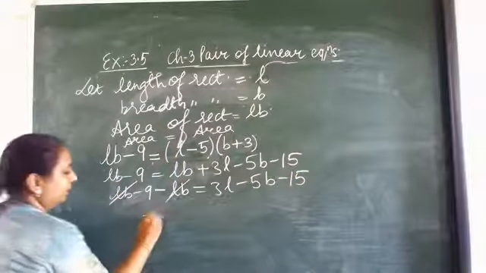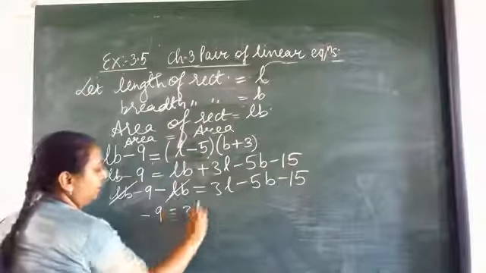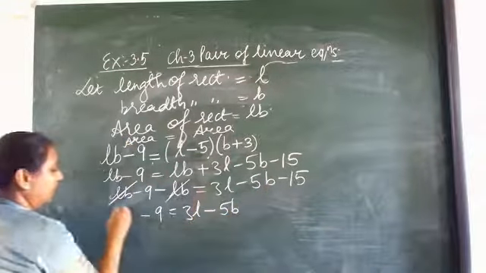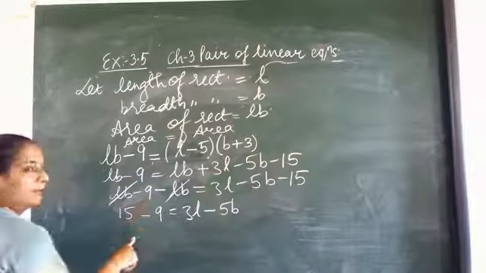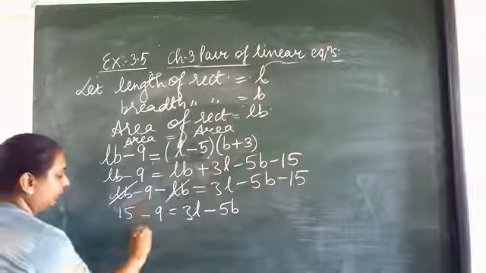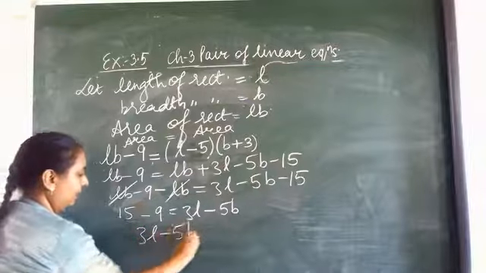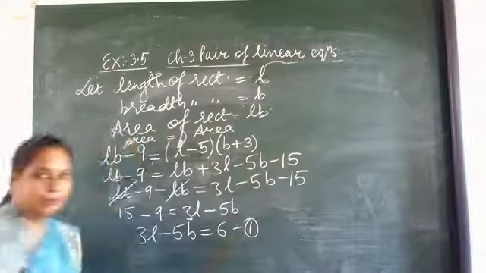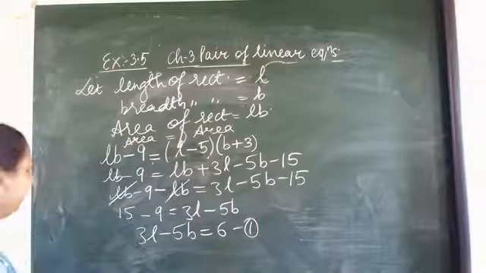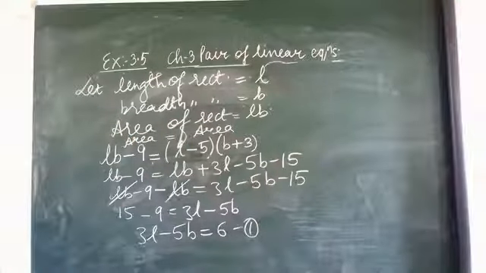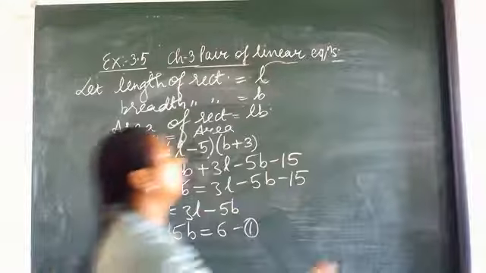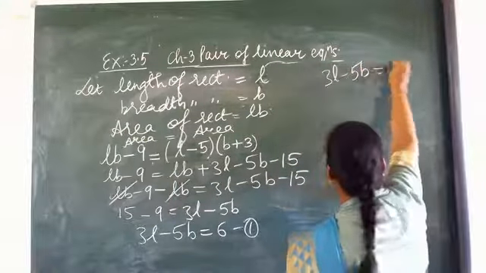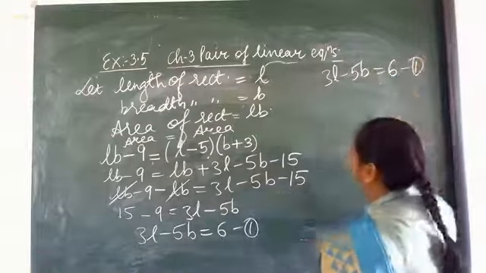So minus 9 is equal to 3L minus 5B minus 15, and 15 comes here. So what is left? 3L minus 5B is equal to 6. This is the first equation. Clear? So the first equation is 3L minus 5B is equal to 6.